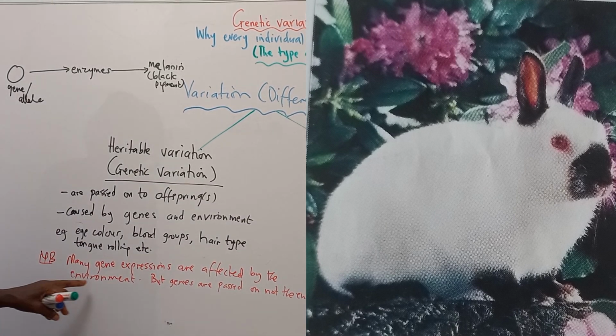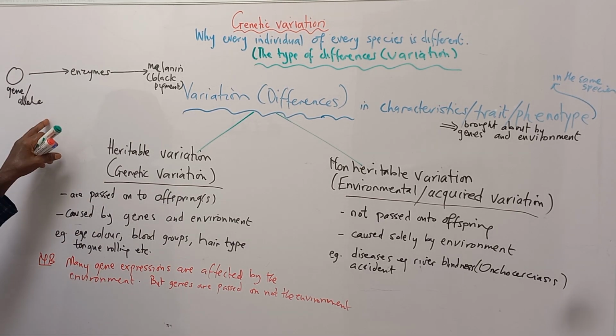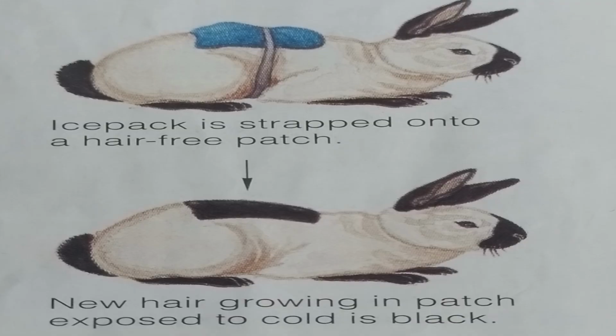So you see, many gene expressions are affected by the environment. And this Himalayan rabbit experiment was done where a pack of ice was placed at a shaved part, and with time the hair grew and it was black, even though it was at the part of the body that is mainly white. Heat sensitive gene.